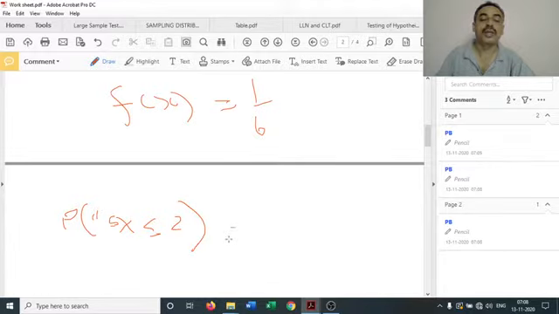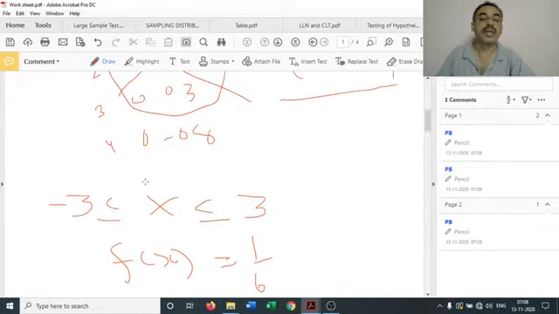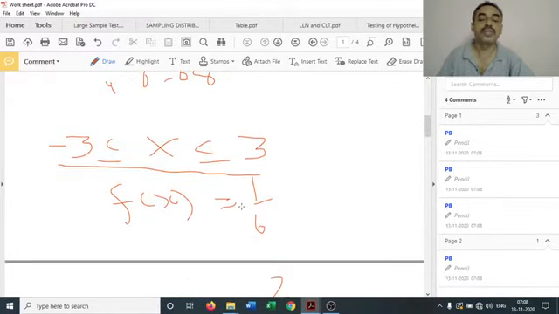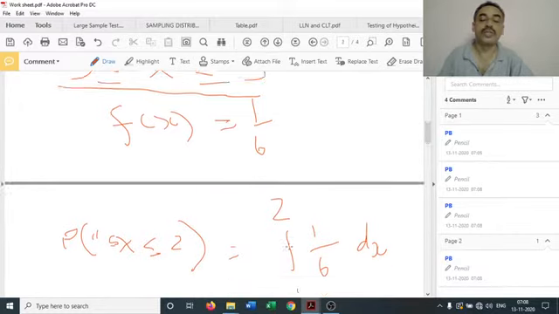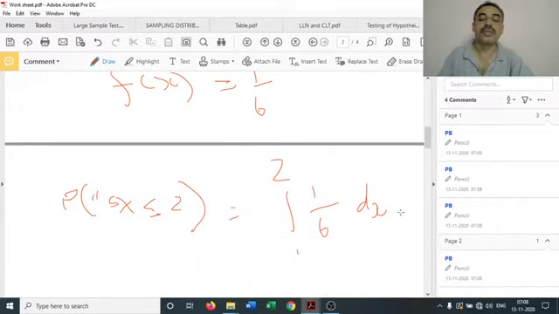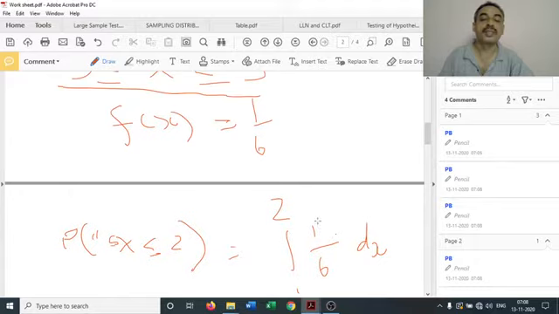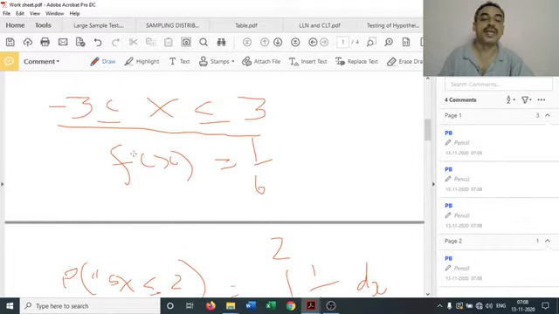We can do that by integrating from 1 to 2 of 1 by 6 dx. We integrate here because the variable is continuous. 1 by 6 is the density function of x when x lies between -3 and 3.